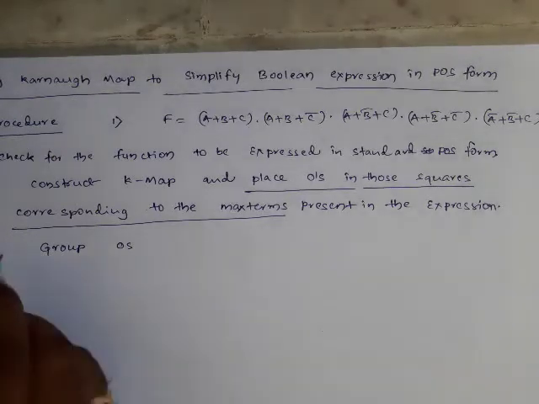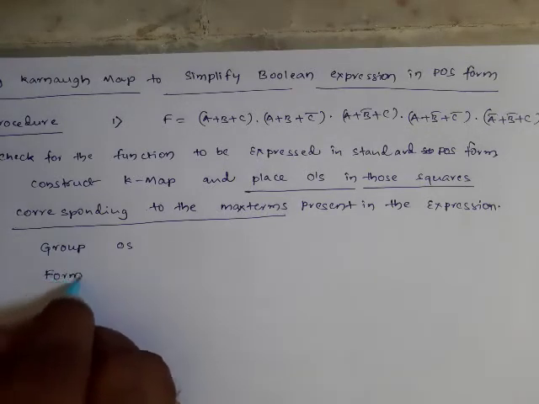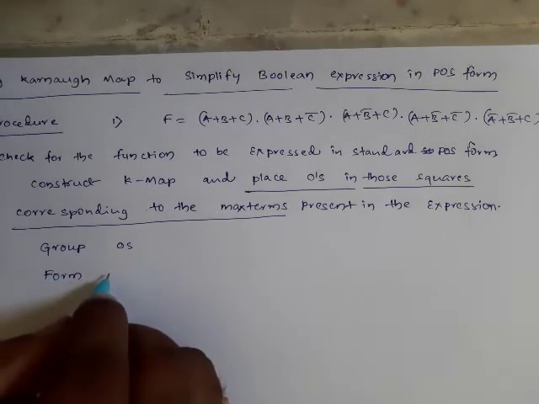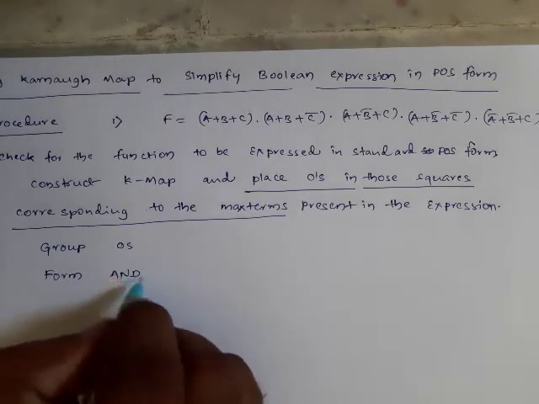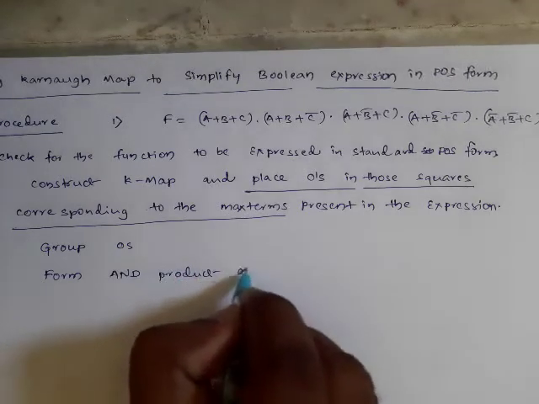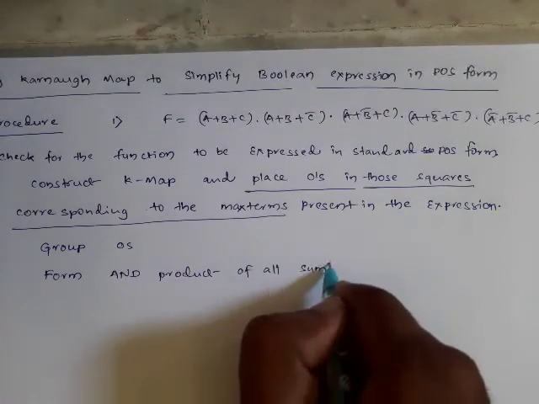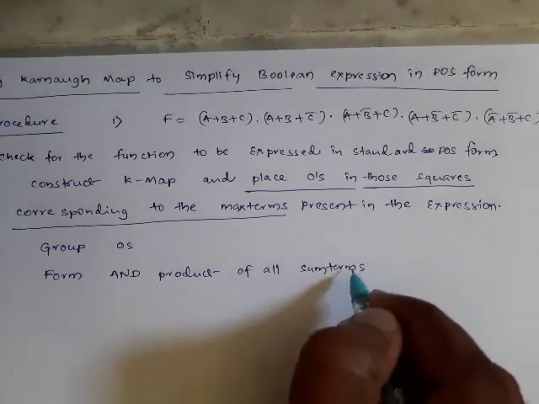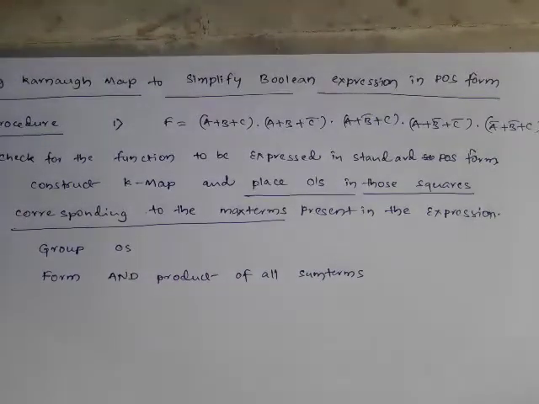Finally we form the product of all sum terms that are generated by each loop. So this is the procedure.